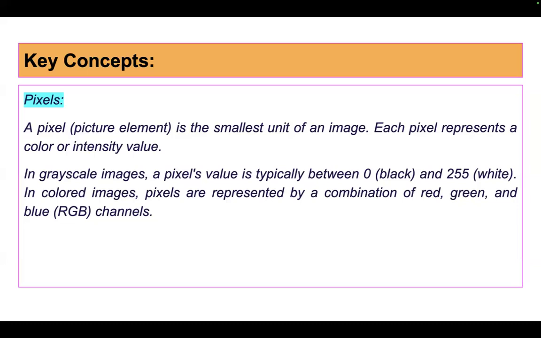Similarly, for the whole image, if we consider the smallest unit, that is our pixel. Got it? Yes, sir. For the whole image, if we consider the smallest unit, then that becomes our pixel element or pixel. And this pixel represents a color, if it is a color image, along with some intensity values.